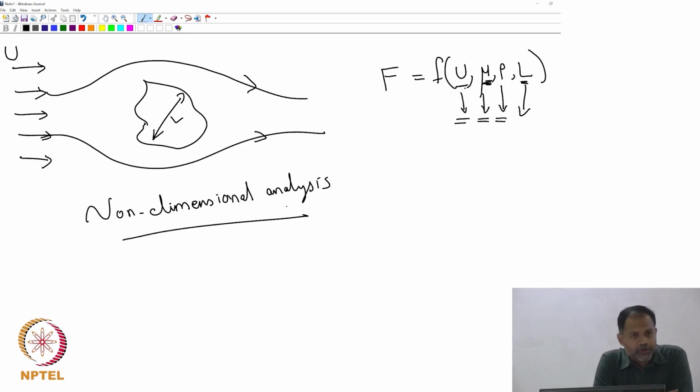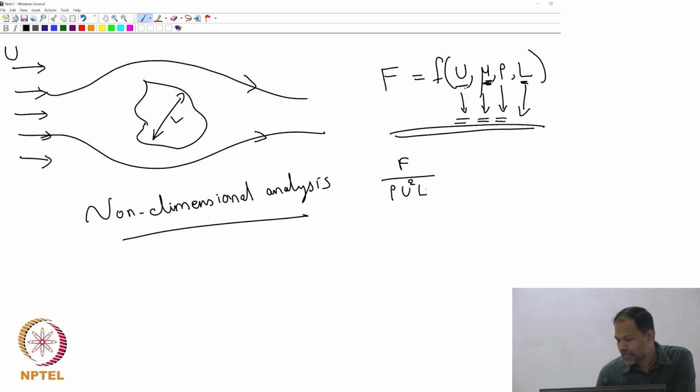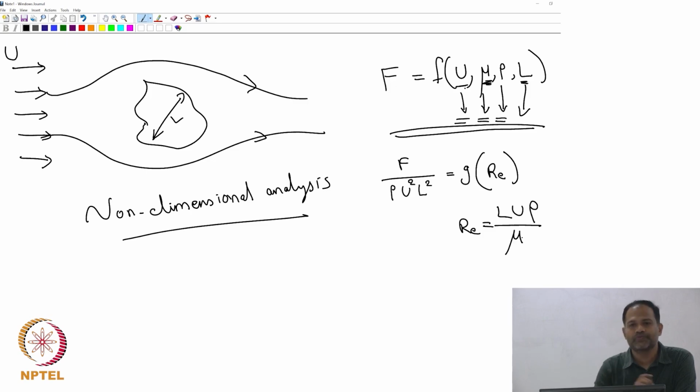We will see how to do non-dimensional analysis, but let me tell you what the result is going to be for this particular problem that we just talked about. If you were to do non-dimensional analysis, you would find that this equation can be recast into F divided by rho u square L square is some function of the Reynolds number, where the Reynolds number is L u rho by mu.